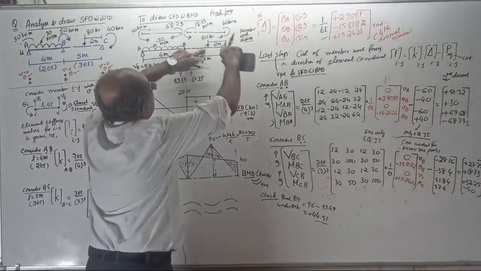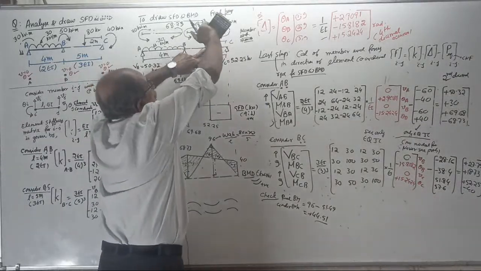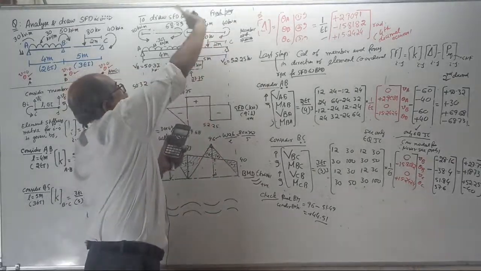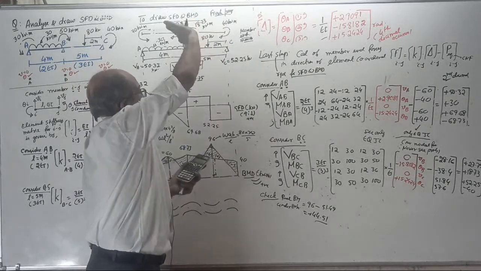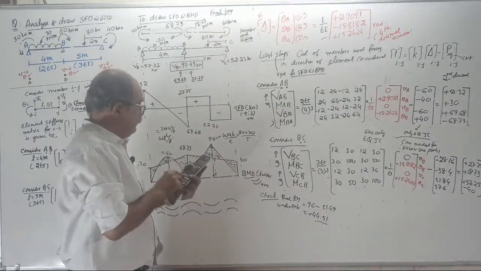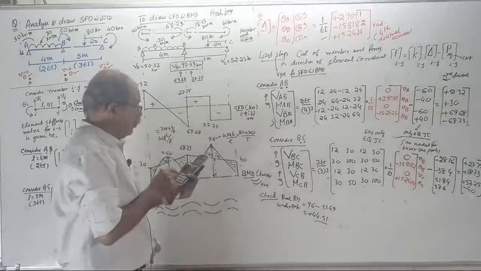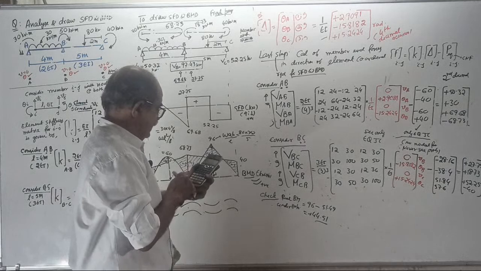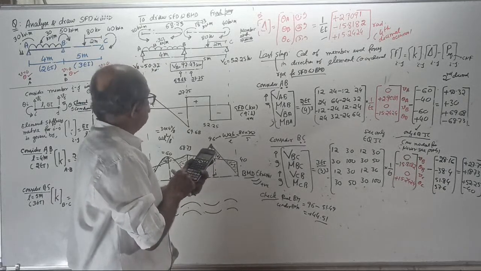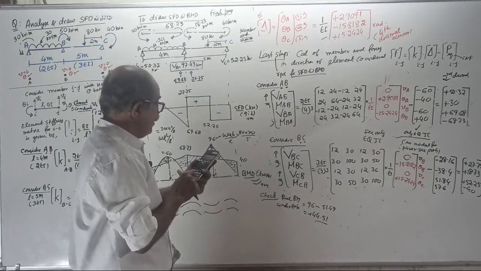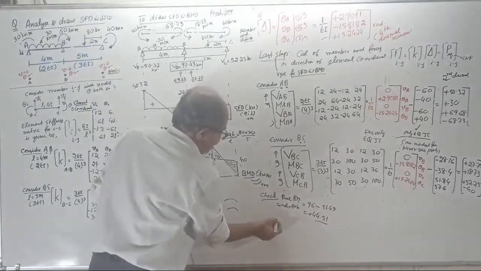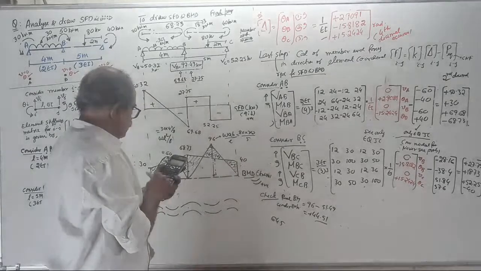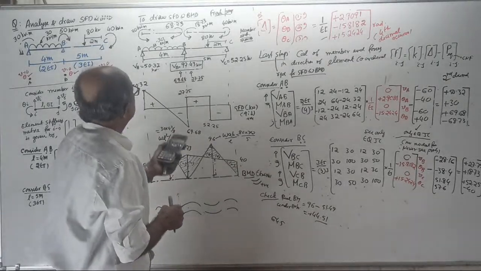BM here, the correct BM, is minus 40 plus, why, sagging, plus 52.25 into 2. I got 64.5. That means something is wrong. Let me check once again. 80 into 3 into 2 divided by 5 is 96.